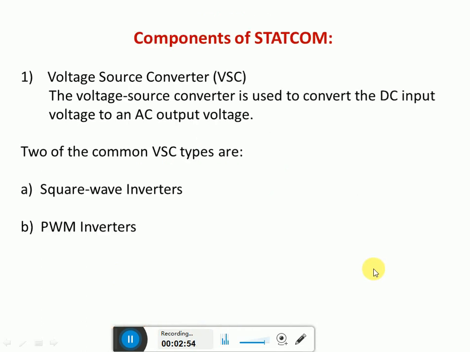Now moving forward, the components of STATCOM are as I said, the voltage source converter. What is the purpose of using a voltage source converter? It basically converts the DC input to the AC output voltage, which will be fed to the power grid.